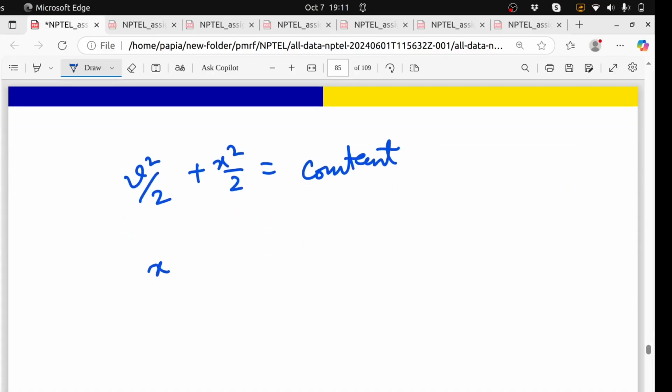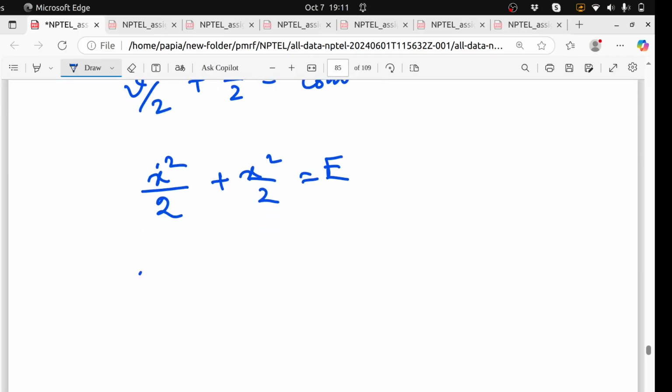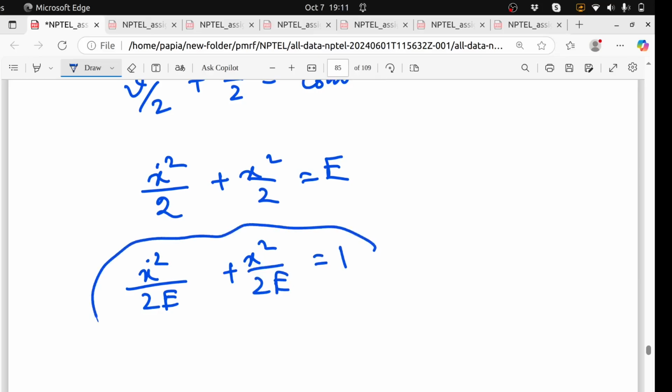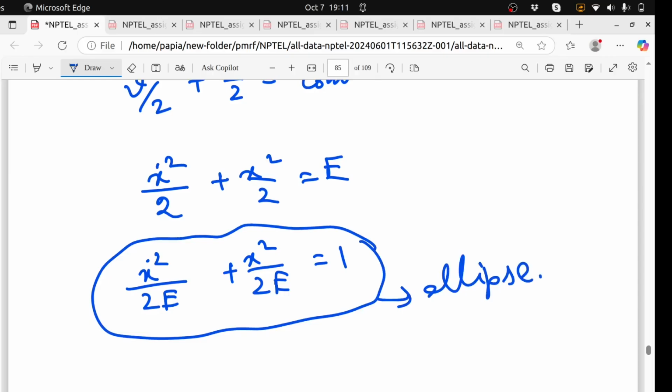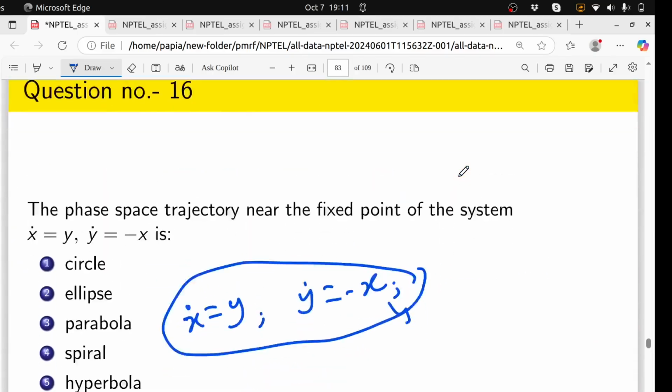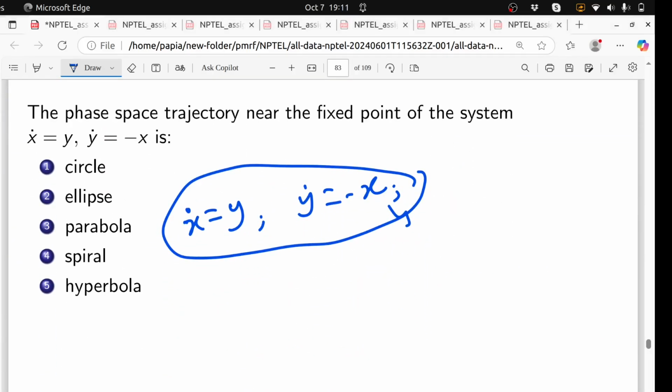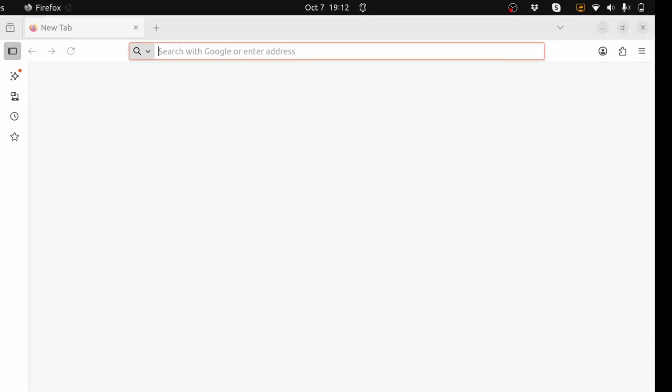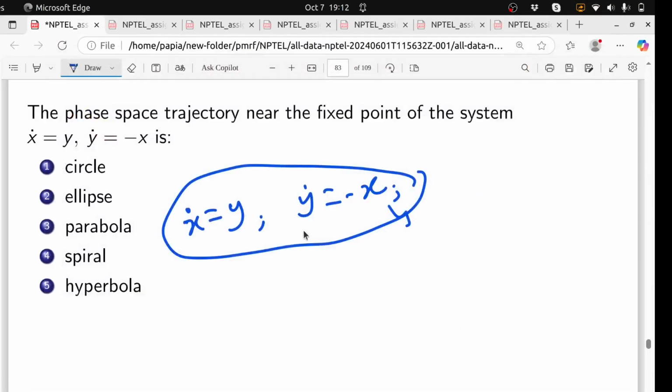So x dot square by 2 plus x square by 2 is, let's say, e, and this is nothing but x dot square by 2e plus x square by 2e equals to 1. This equation is an ellipse. So the correct option is ellipse, right? Okay.